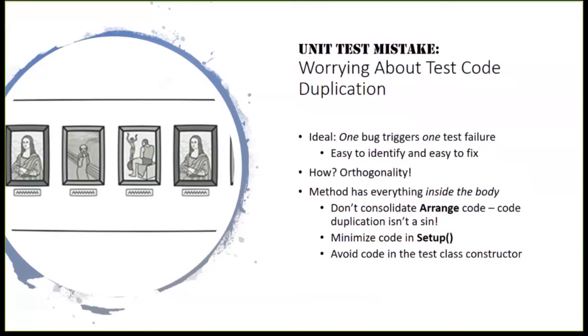Does that make sense? So sometimes you can put something in there. Say all the tests in this test class are instantiating the policy controller because that's what they're testing. You could put in the setup: policy controller equals new policy controller. Does that make sense? But generally try to keep it simple.